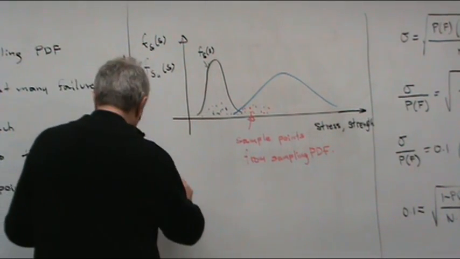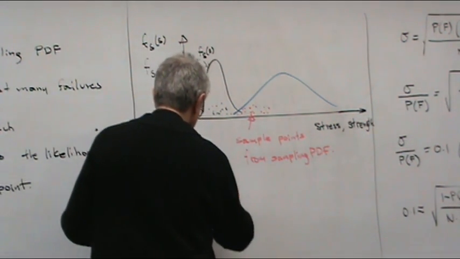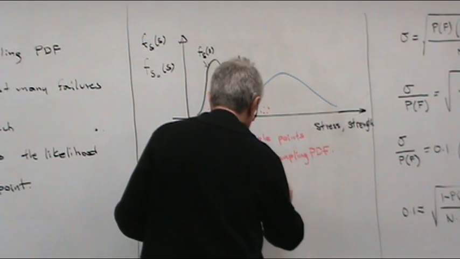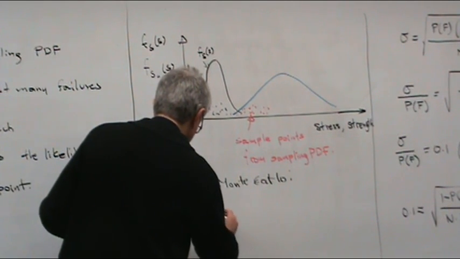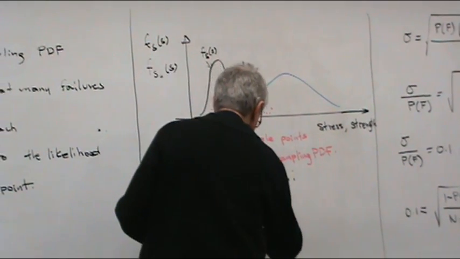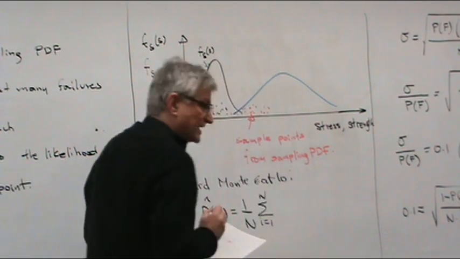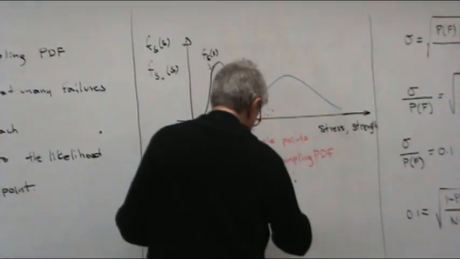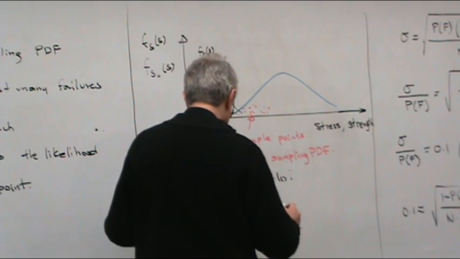Okay. So let's see in standard Monte Carlo simulation, the estimator. The estimator is P_f equal to 1 over the number of replications times the sum of the values of a failure counter function, okay, or failure index function.